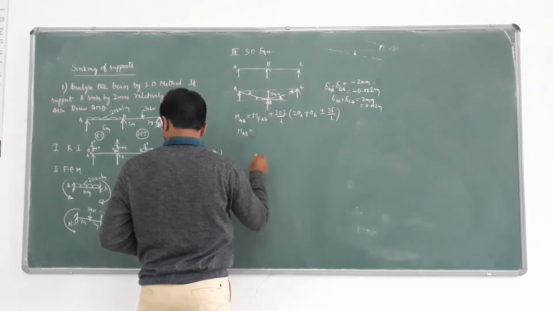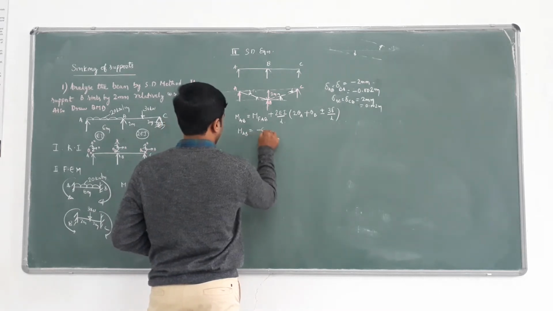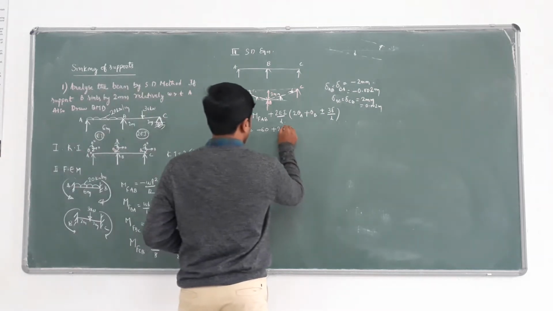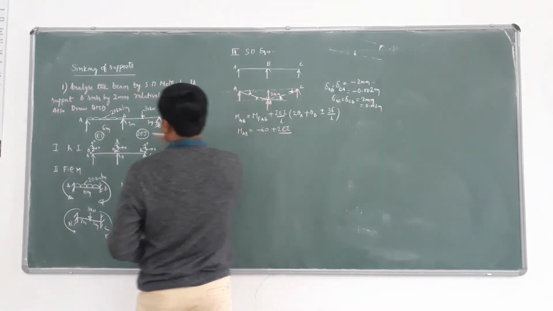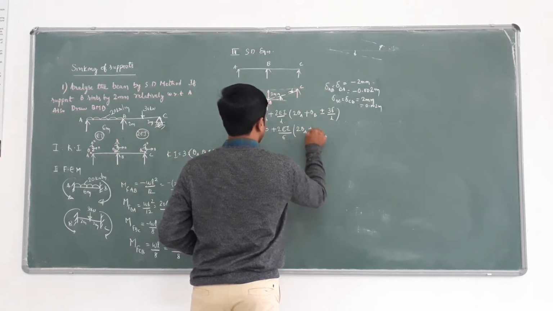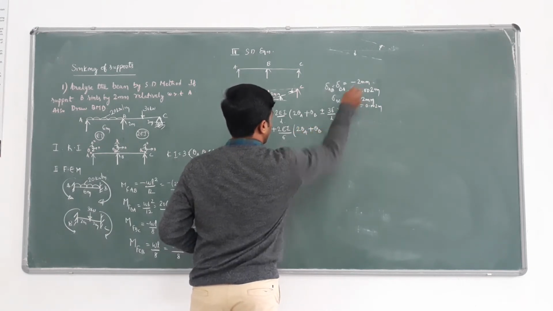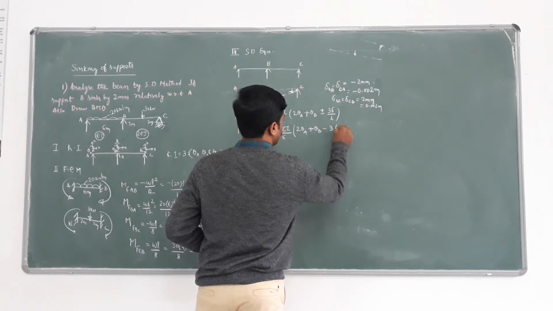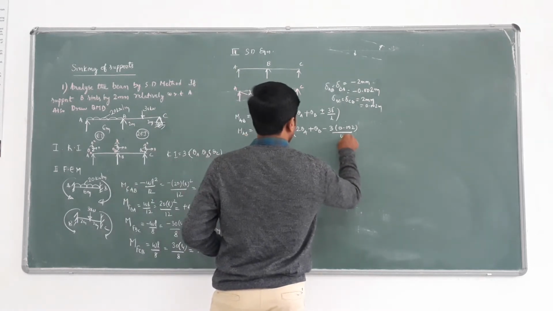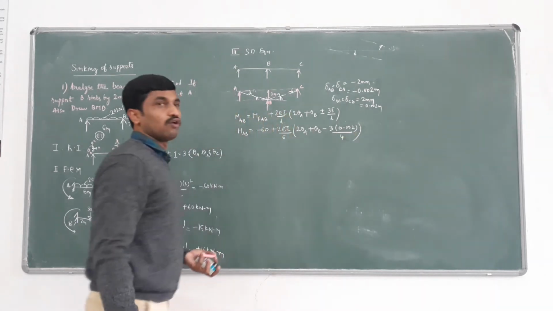Now applying this equation. MAB equals MFAB, minus 60, plus 2 into EI by L, L is 6, 2 theta A plus theta B. Here minus 3 times 0.002 divided by L, L is 4.